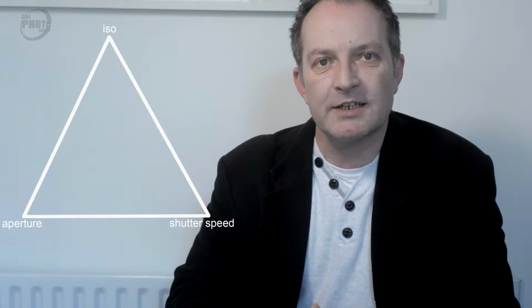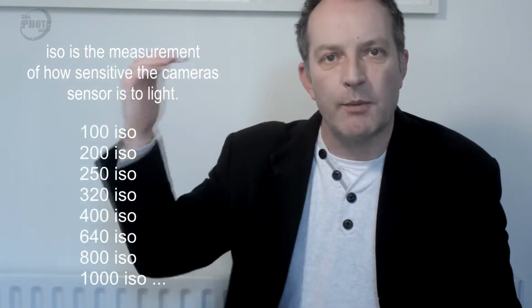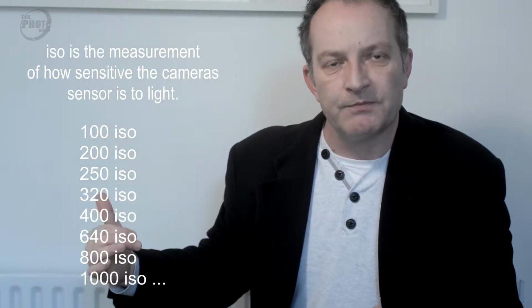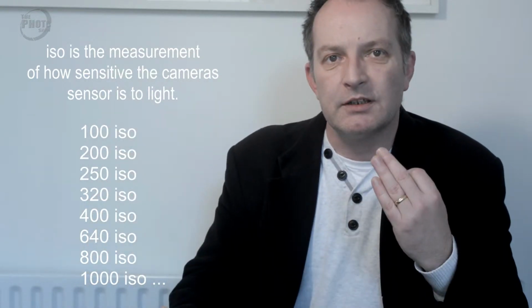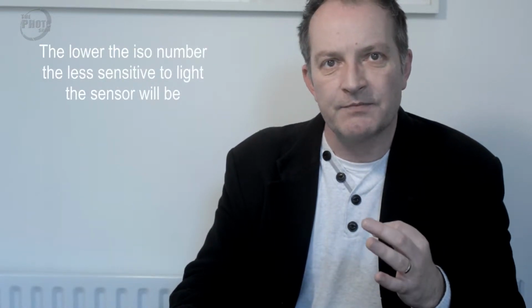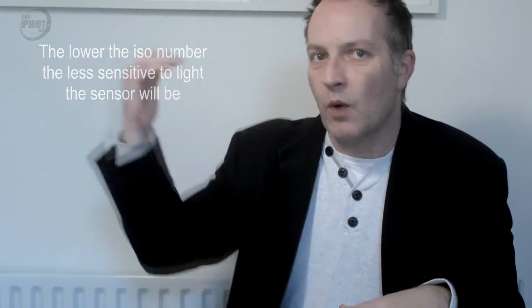Okay, let's look at ISO. ISO is the measurement of how sensitive your camera sensor is to light. It has various settings. On most cameras they range from about 100 ISO going all the way up into the thousands of ISO. Now, the lower the ISO number, the less sensitive to light the sensor is. So if you're outside in bright sunlight, you'll use a lower ISO, like 100 or 200 ISO, to record the image.